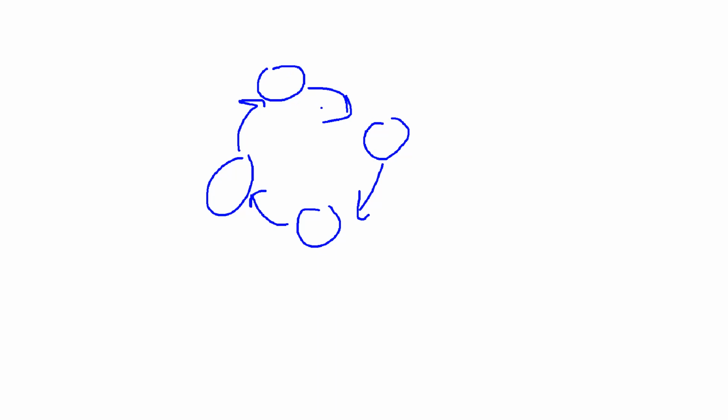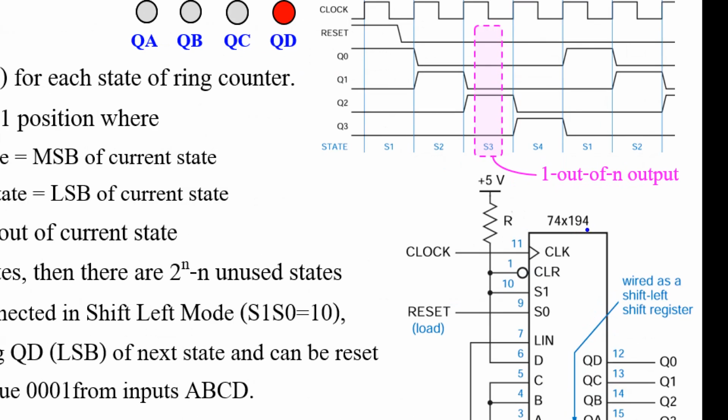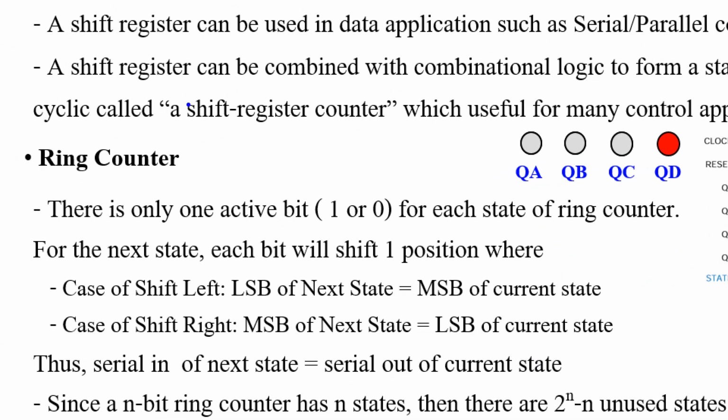For state changes, we change once per cycle. Use this register chip, 194, to implement the first counter, which is a ring counter.